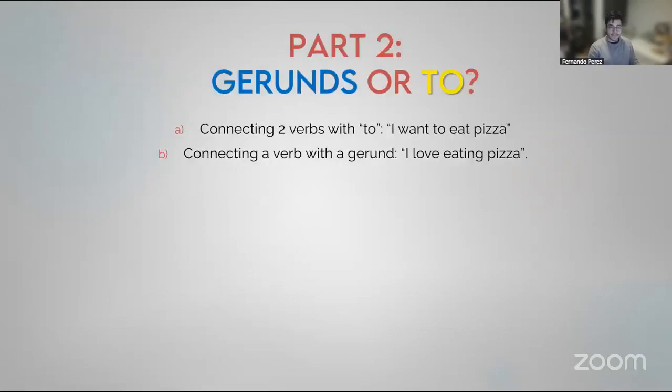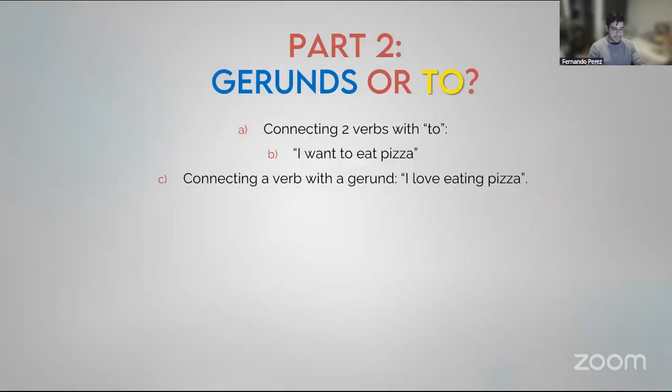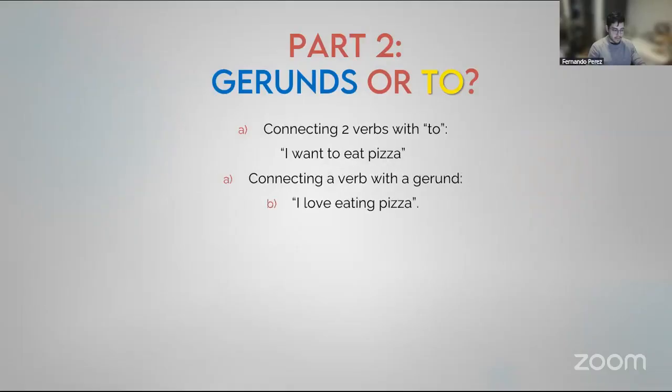Look how interesting that in the second example, we have two verbs, but the word eating is in gerund form. And on the first example, is with a connector to. What happened, teacher? What's your problem? Why is it different?